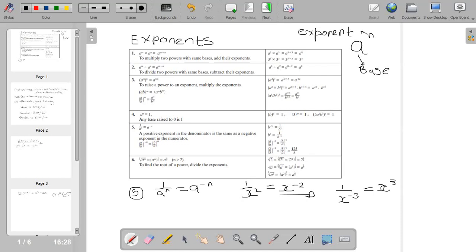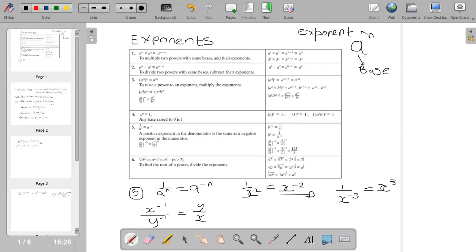This would also apply if we have x exponent minus 1 over y exponent minus 1. We'll take y to the numerator position, that's when we have y, take x to the denominator position, and then we'll have x. So in exponents, it's not desirable to leave your answer with a negative exponent.